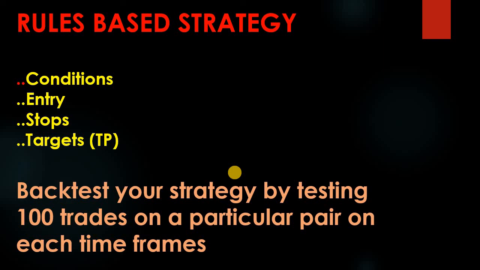It can be divided into 4 parts. The conditions: what are the conditions you see for you to say I want to take a buy or I want to take a sell? These are the conditions. Then the entry: what are the indicators? What are the things you will see for you to say, okay, it's time for me to enter this trade?